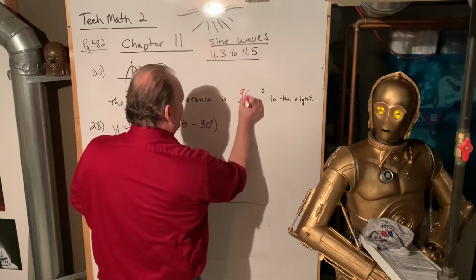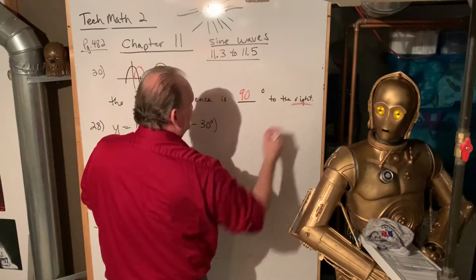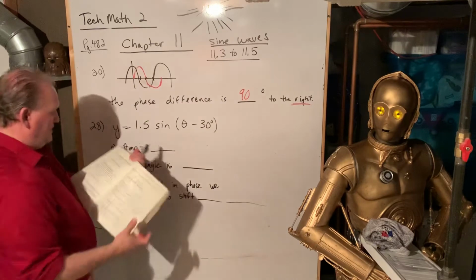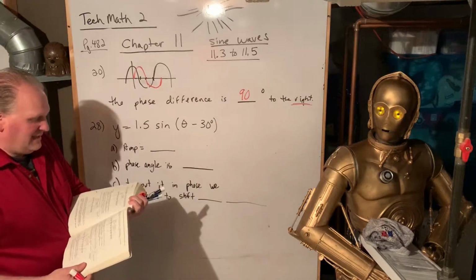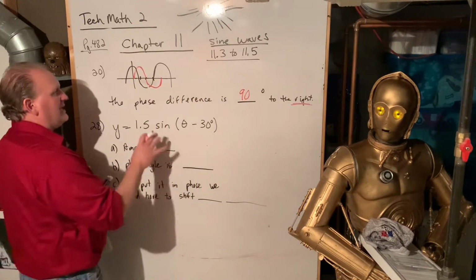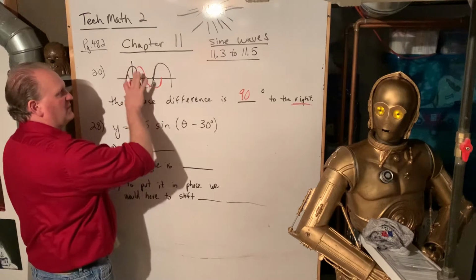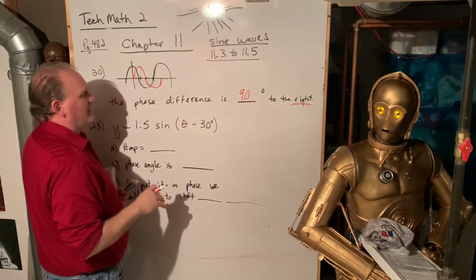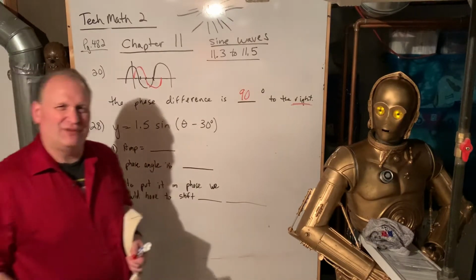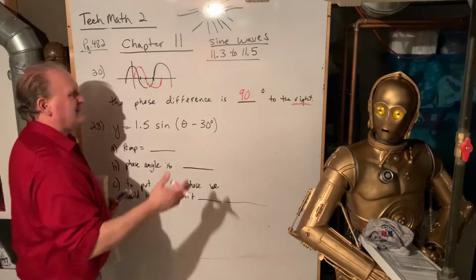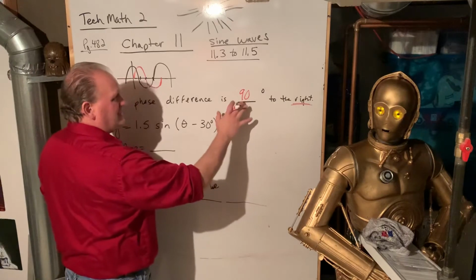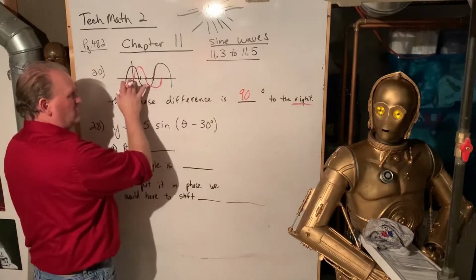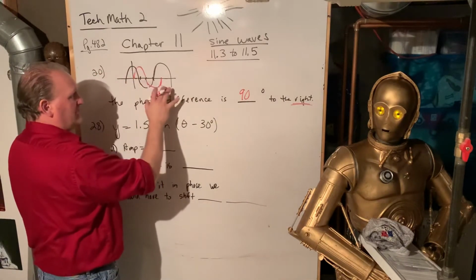Now, they say to the right. I kind of disagree with how they do this. This is kind of backwards. They're asking, what do I have to shift this black curve to get it to superimpose over the red one? It's not normally how we think about things. So I would say this is 90 degrees left. Here's the normal shift, the normal sine wave is in red.